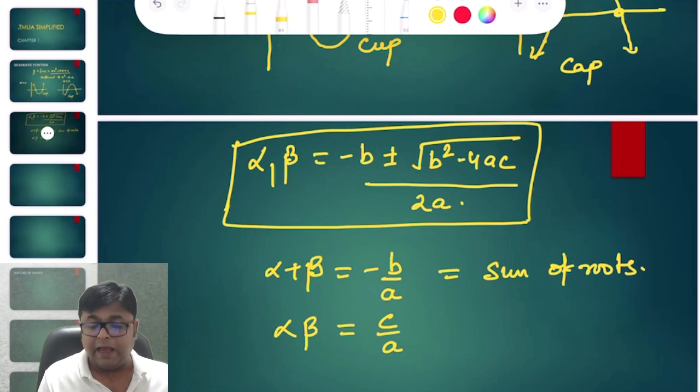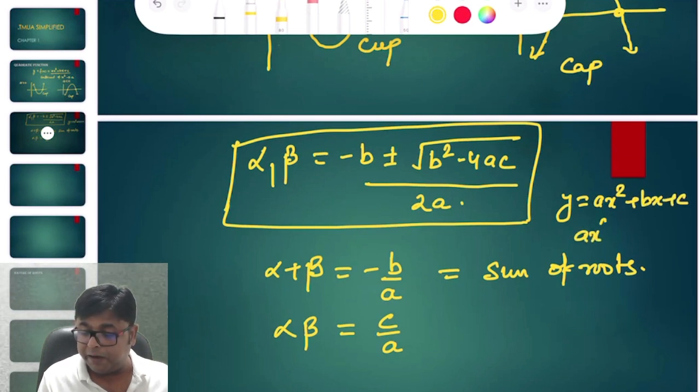These a, b, c have their meanings hidden in the equation y = ax² + bx + c. So to calculate roots, I put ax² + bx + c as 0, and then I get these two values. A is the coefficient of x², b is the coefficient of x, and c is the constant term in this quadratic function.